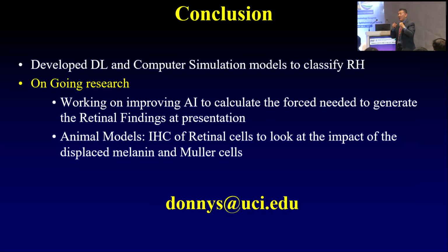During this force of shaking, the shearing force is probably causing some disruption of these Mueller cells and causing some type of dysfunction. We're using RNA probes to look at the cell function of the Mueller cells to see what is exactly happening, so we can find biomarkers and potentially find some treatments.